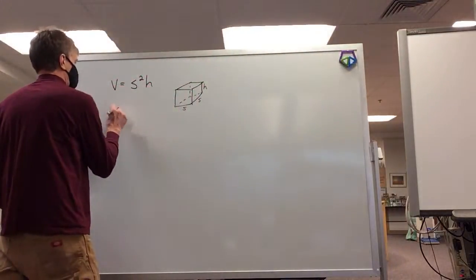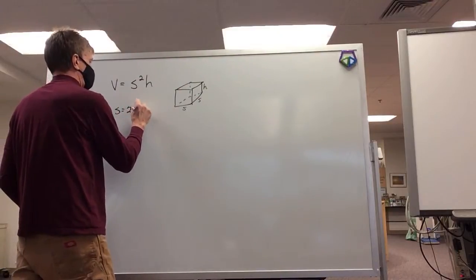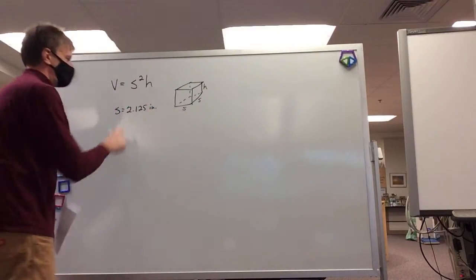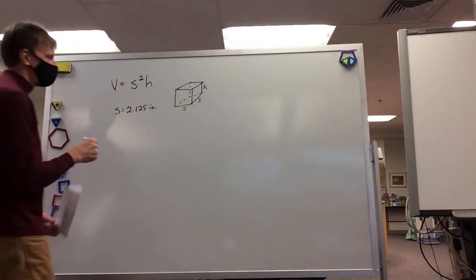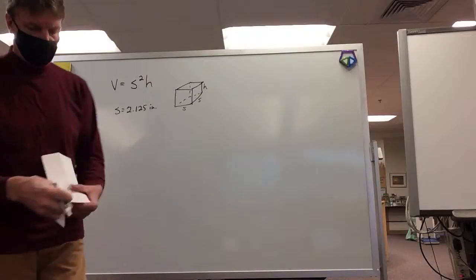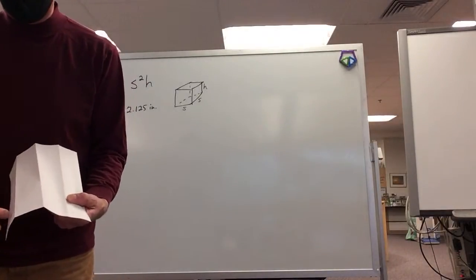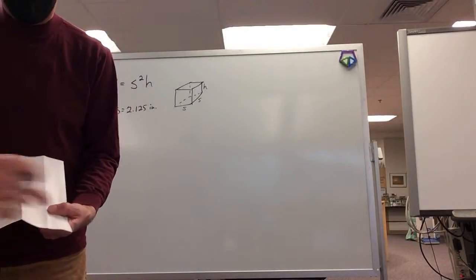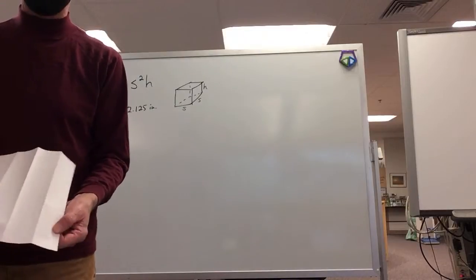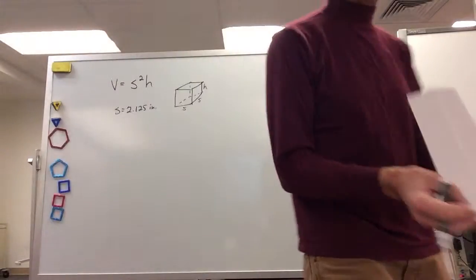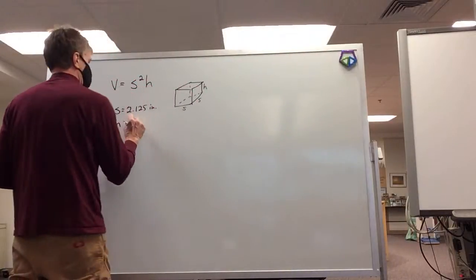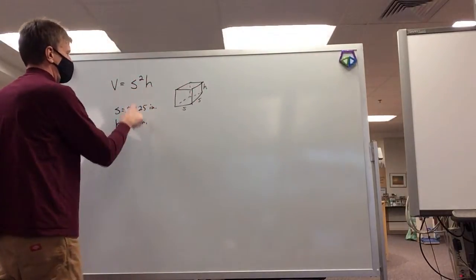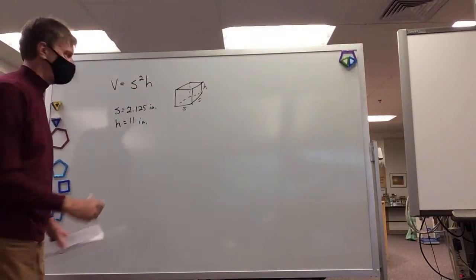Is that right? 2.125 inches. That's 2 1/8, right? So 2, 4, 6, 8, and 4/8 is 8.5. Okay, that makes sense. What's the height of this one? It's 11 inches. Okay, so if we plug these numbers into this, what do you get for a volume?